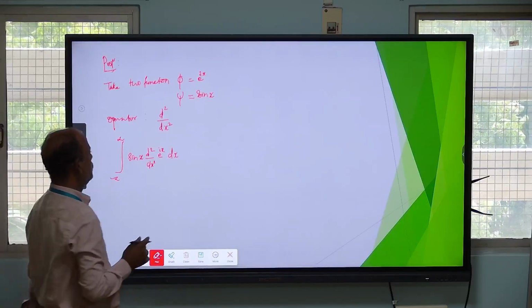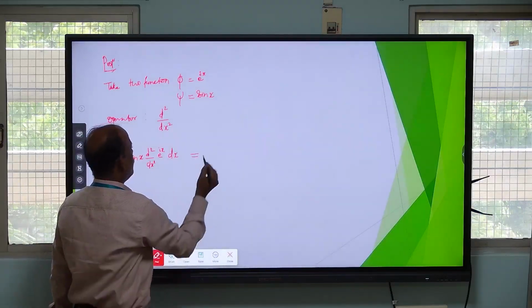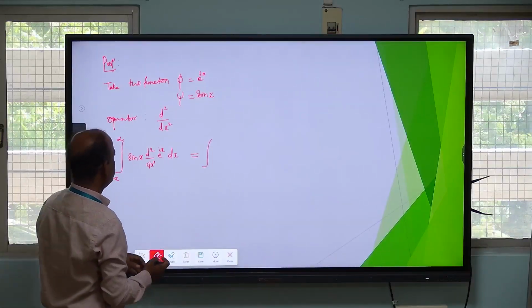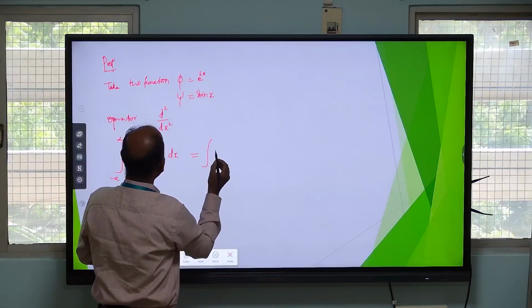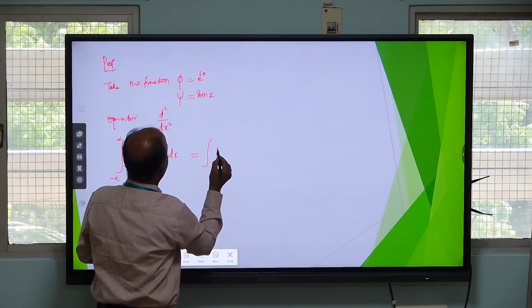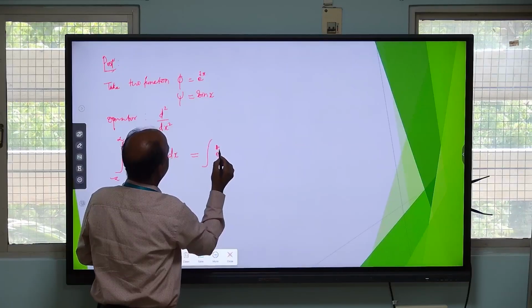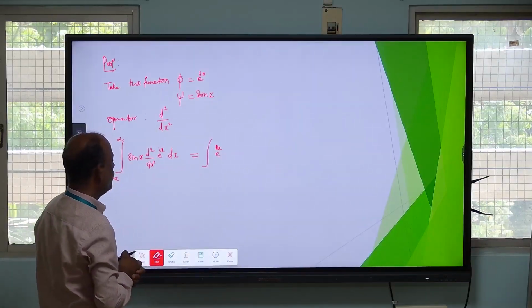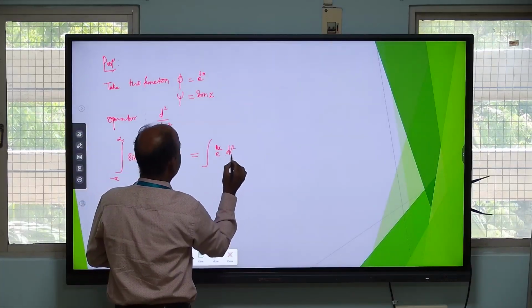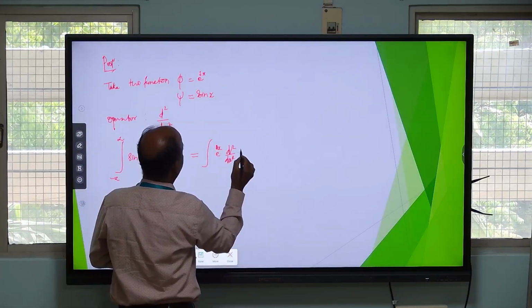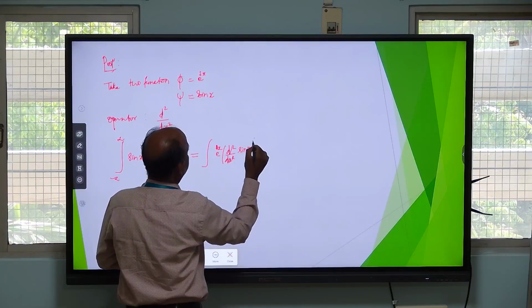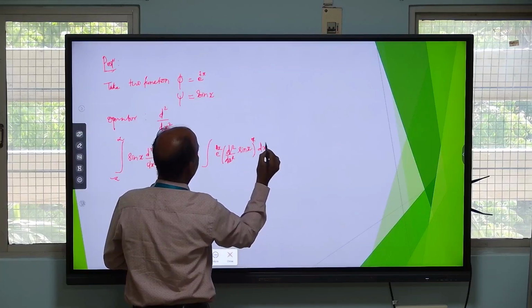This should be equal to the integration of e power ix, d square divided by dx square of sin x whole star dx.